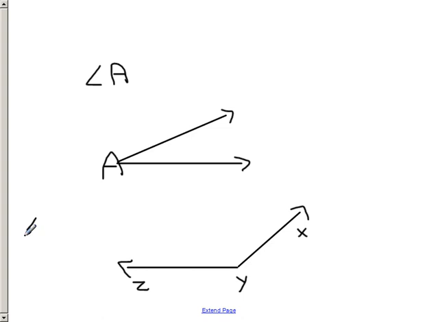I could name it again by its vertex, angle Y, or by three-letter names, X, Y, Z, with that vertex point being in the middle. So we've got our vertex and two different ways to label angles.